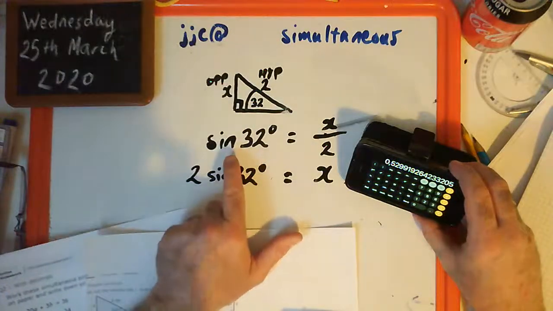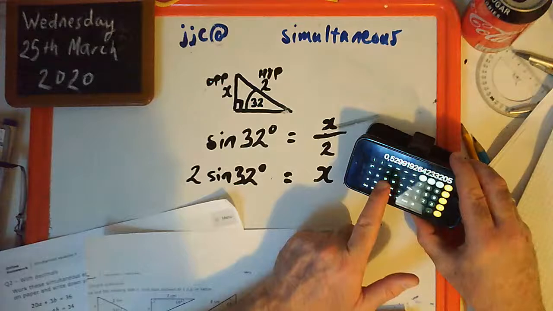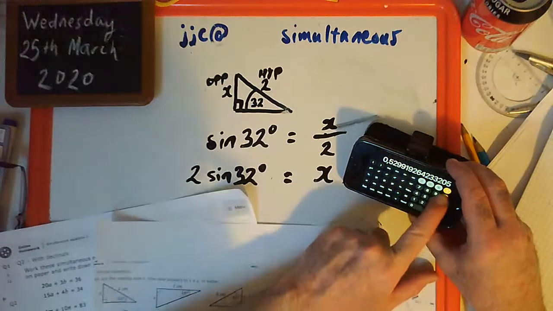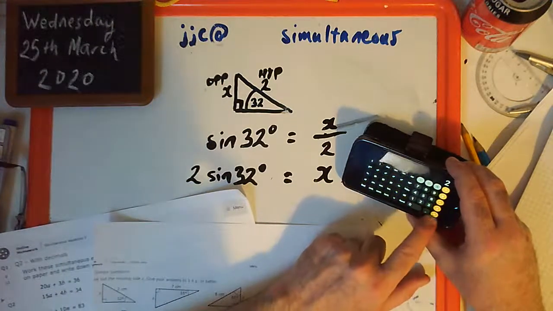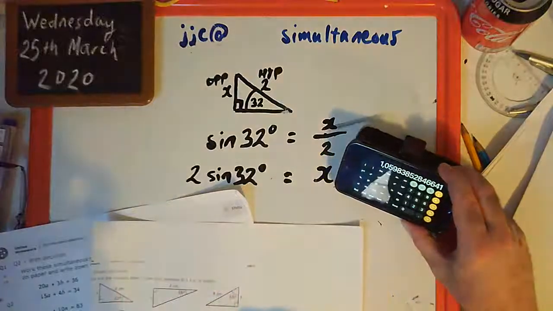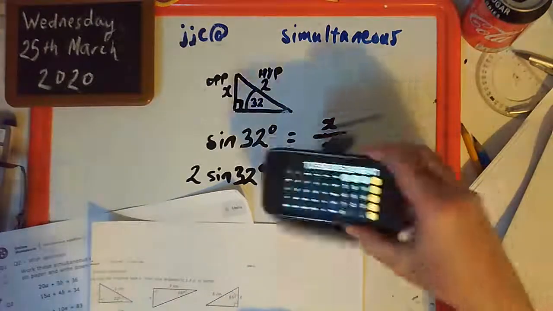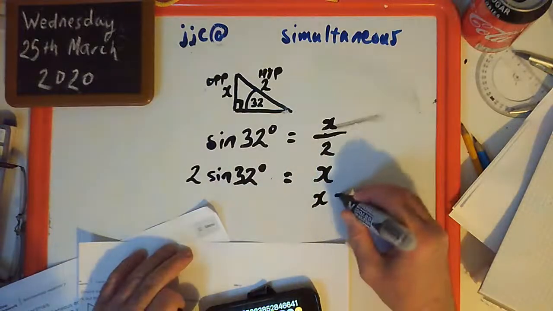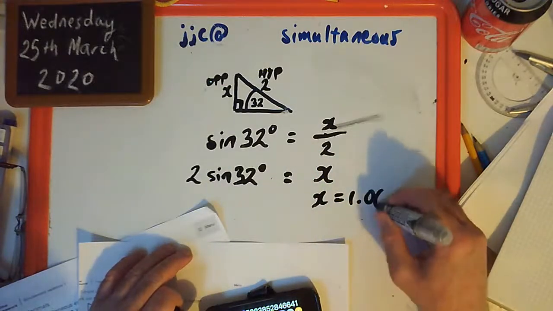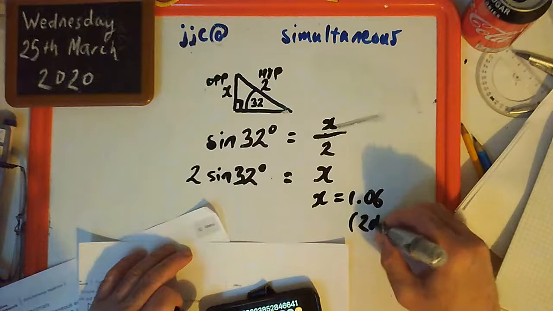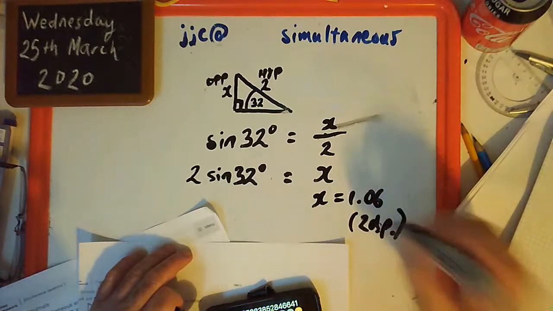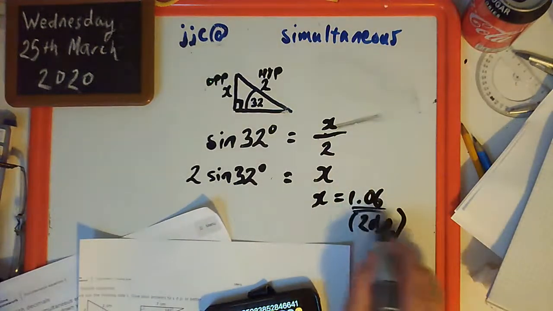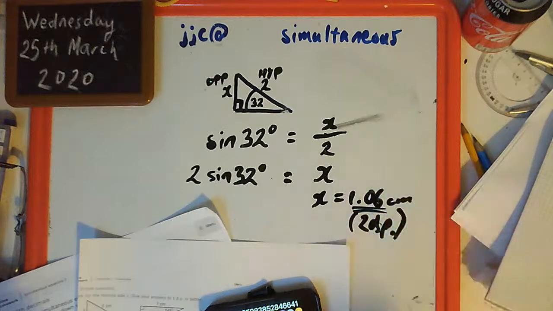Okay, so sine 32 is about 0.53, and that times 2 is 1.06 more or less. So x equals 1.06 to 2 decimal places. Underline answer, centimeters.